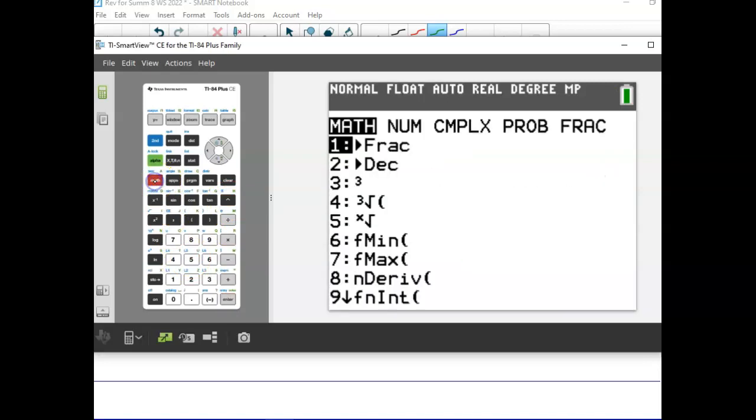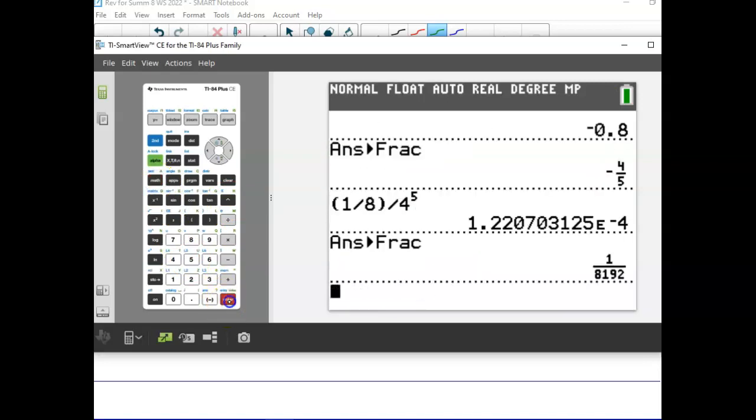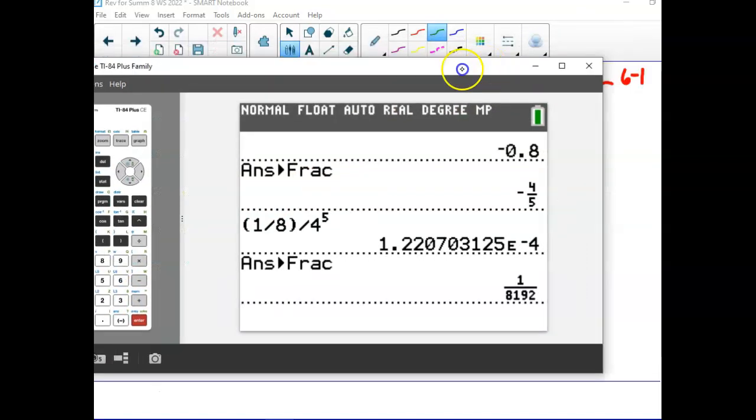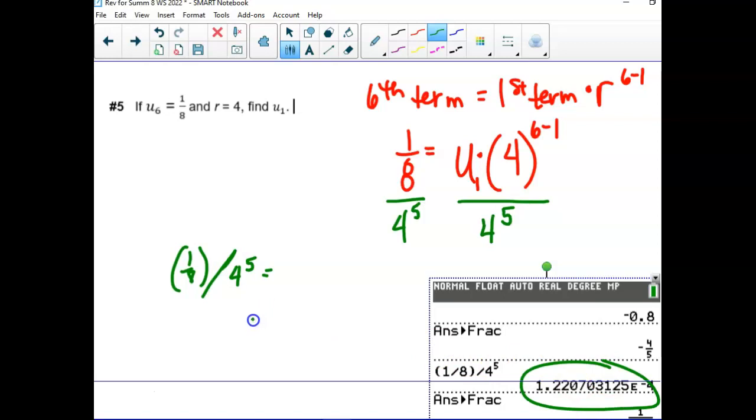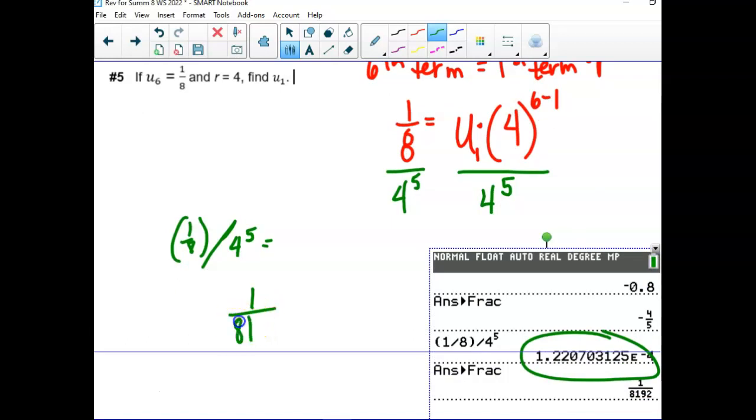It's a gross decimal that if we do math enter becomes a lovely 1/8192. Did someone else get that? Okay, let me put that on the screen here. Okay, this disgusting decimal became 1 over 8192. Questions?